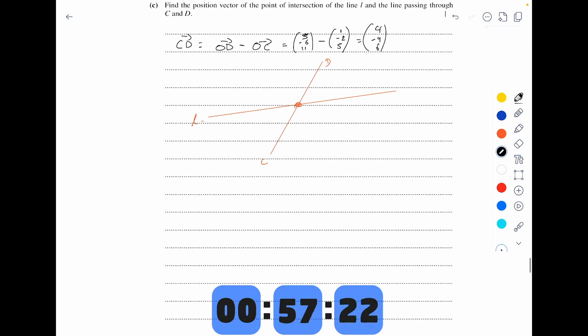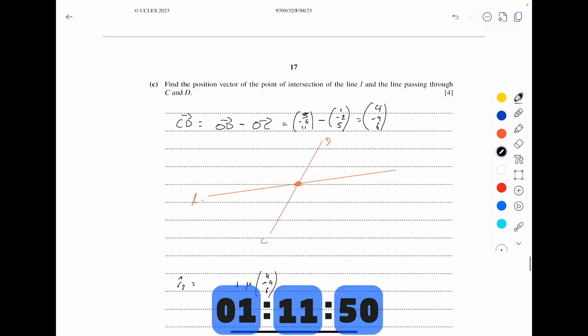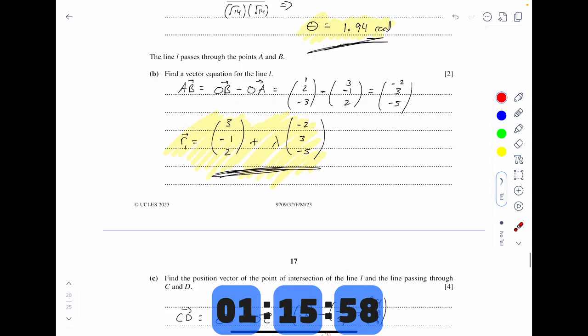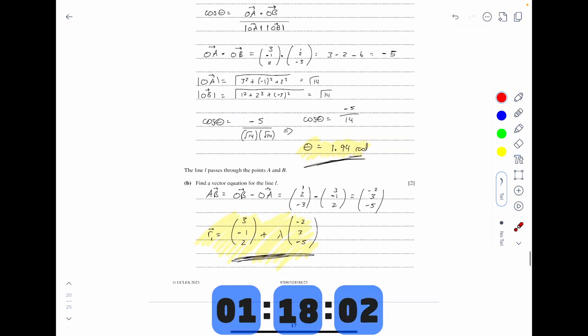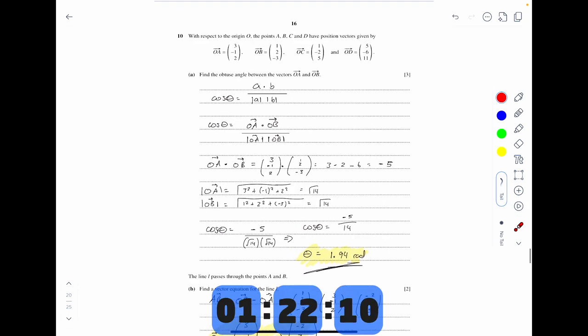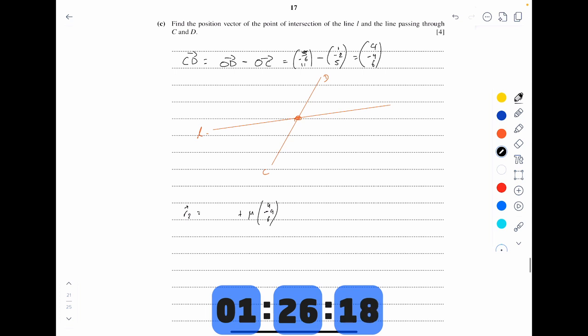So the equation of the line is going to equal, first off, I'm going to have direction vector (4, -4, 6), right? Now because we just need to find a point on the line here, that's going to equal (1, -2, 5), because OC.